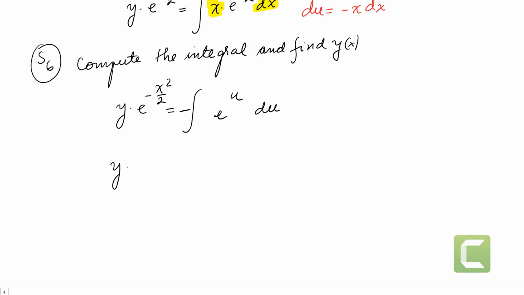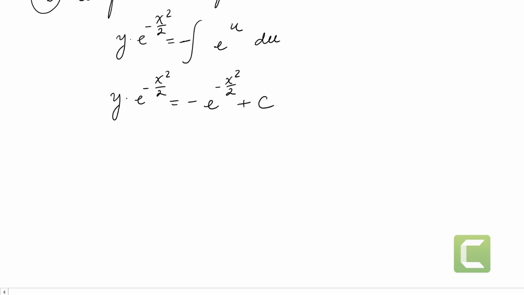So y times e to the negative x squared over 2 equals negative the integral of e to the u du, it's e to the u, the simplest one, but u is negative x squared over 2. Don't forget to add the c. We are calculating an indefinite integral, so this time c is important.